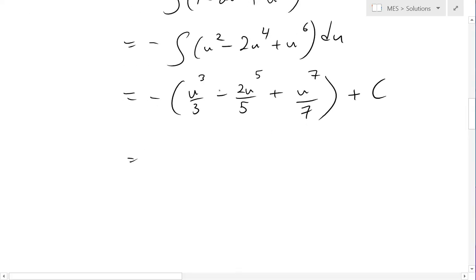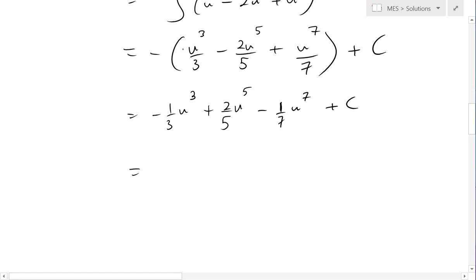Then we put the negative inside: negative 1 over 3 u cubed, plus 2 over 5 u to the 5 because the negative becomes plus, minus 1 over 7 u to the 7, plus c.